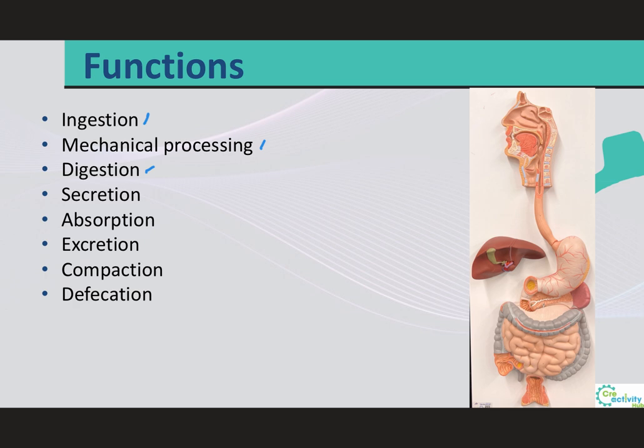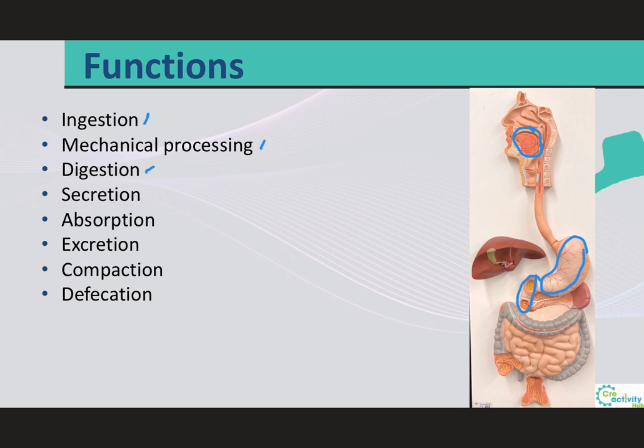Therefore, digestion can occur in the oral cavity, as the salivary glands will secrete certain enzymes that will start to break down starches, in addition to the stomach, and part of the small intestine will also be responsible for digestion.